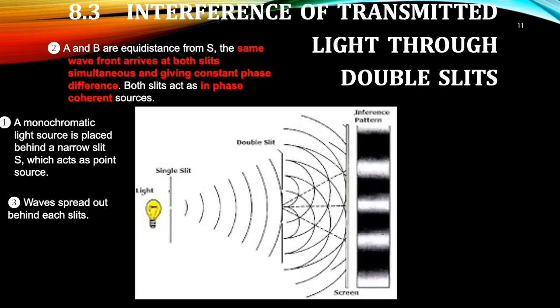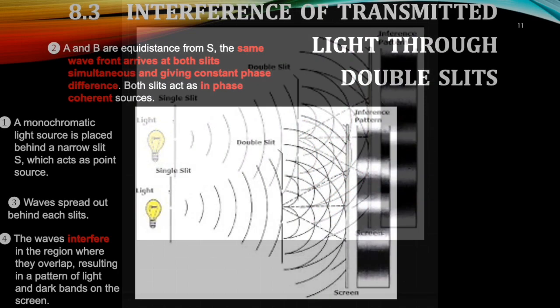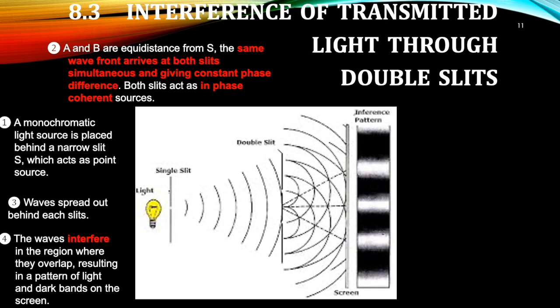And then the waves spread out behind each slit, interfering in the region where they overlap, resulting in a pattern of light and dark bands on the screen. At the center of the pattern is a bright fringe.